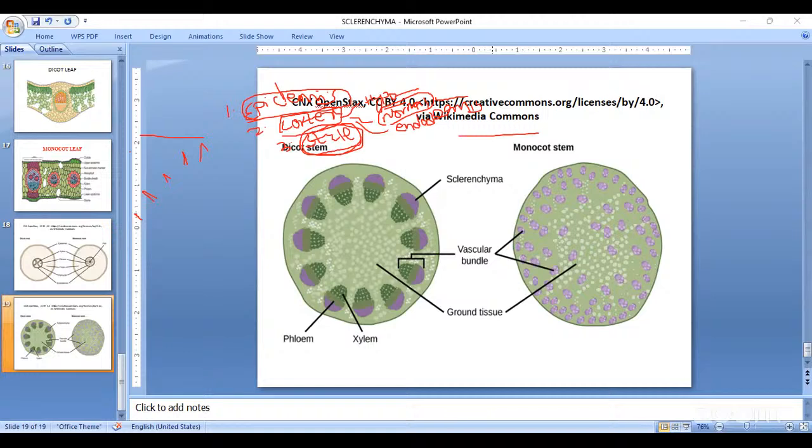Here the vascular bundle is conjoint, collateral, and open type. That is important. Conjoint means both are joined. That means xylem, blue color. This is xylem, outside xylem.